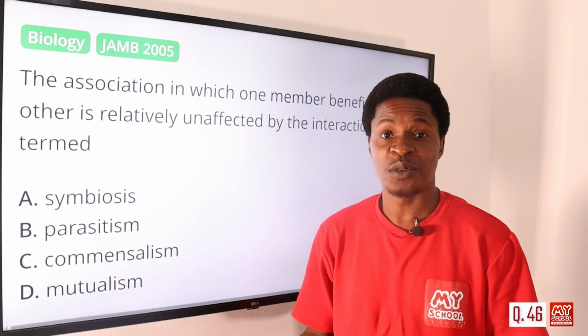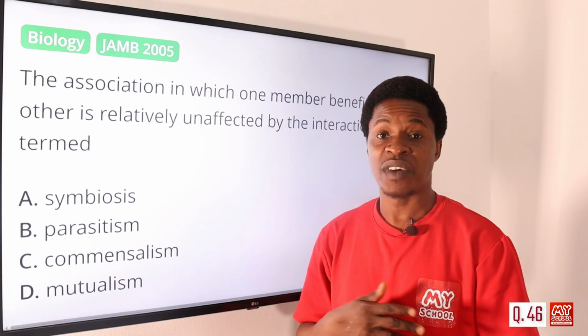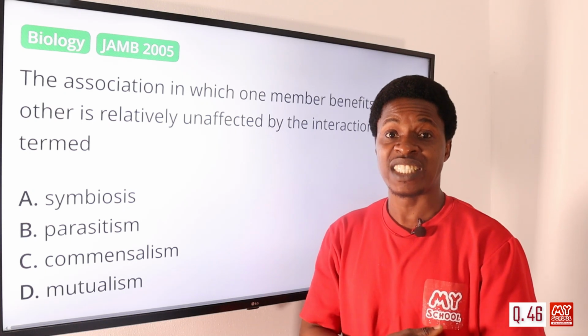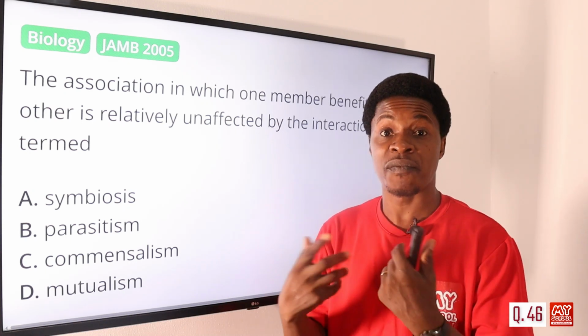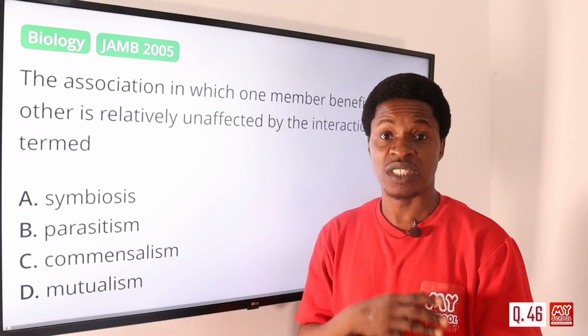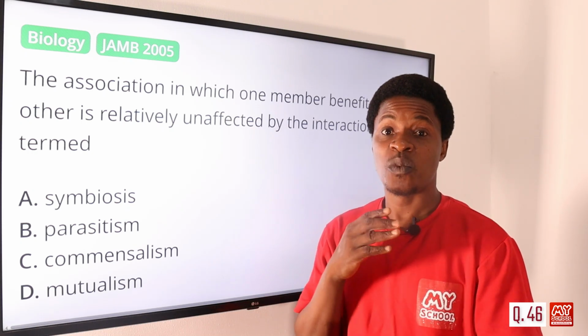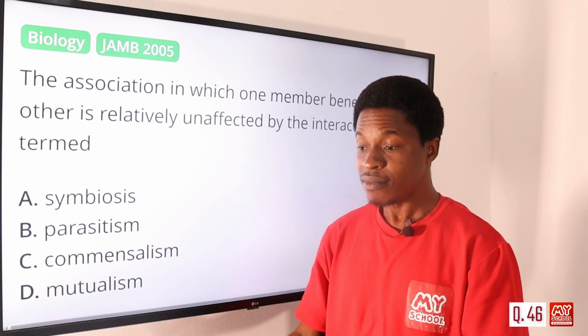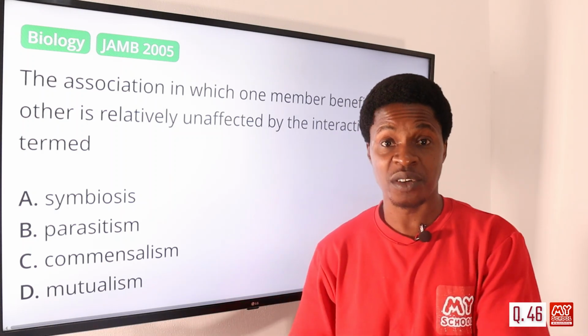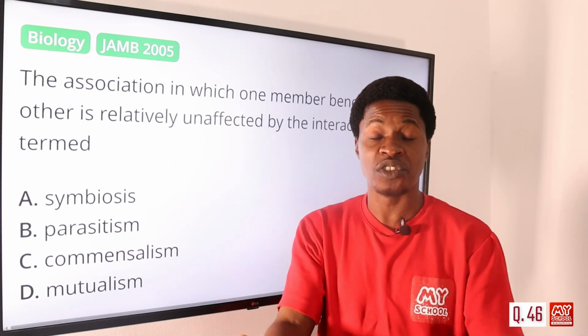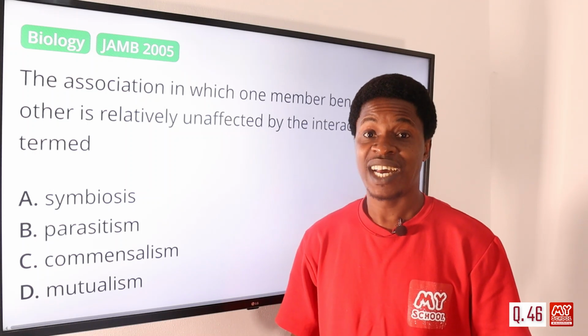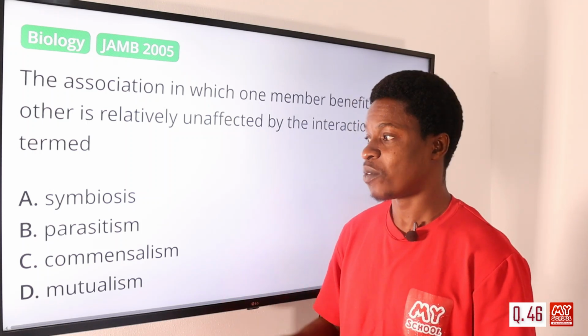Like a mosquito can feed on humans, the infected one. Once it feeds, it is getting blood for its nourishment, and if it is infected, it infects the human with malaria. It's a vector that carries the organism, the plasmodium, that causes malaria actually. So that is a parasite. So that is parasitism.